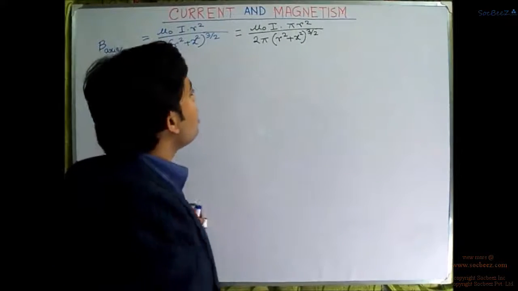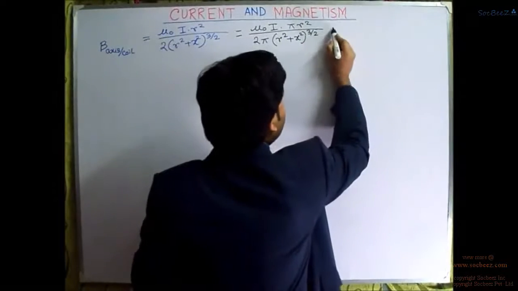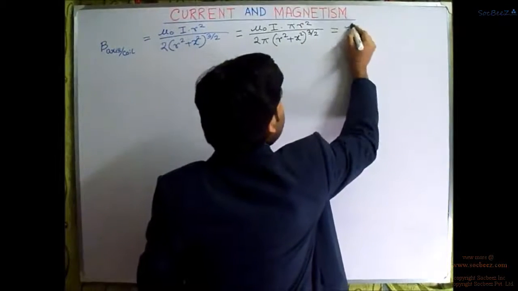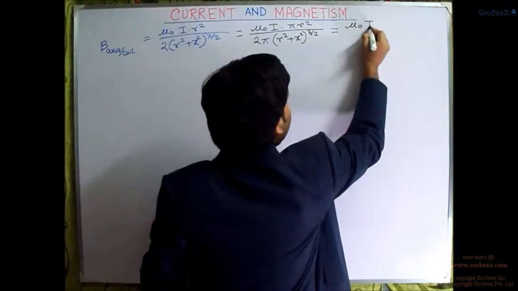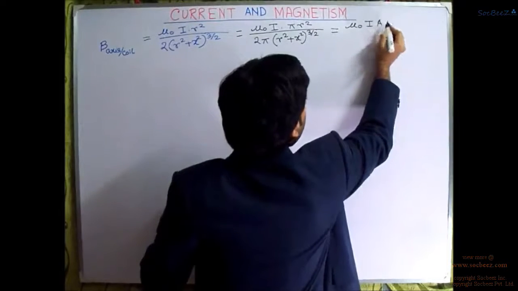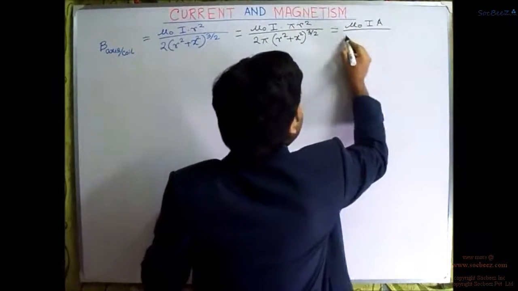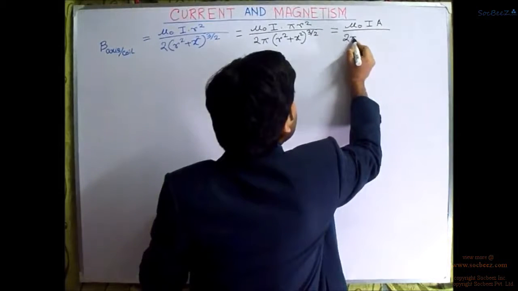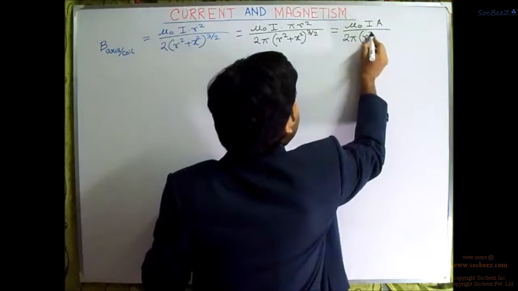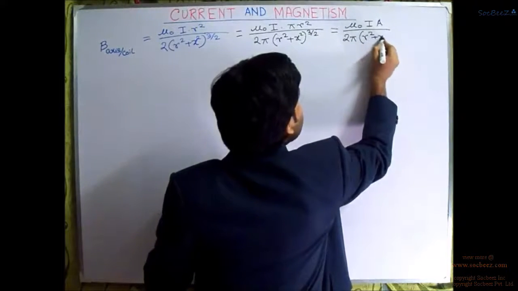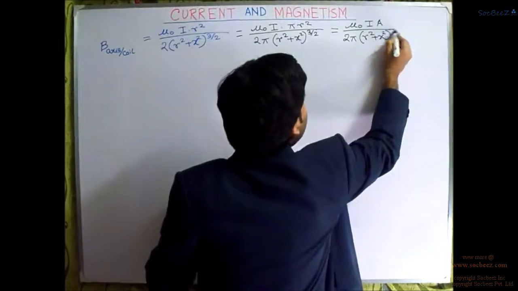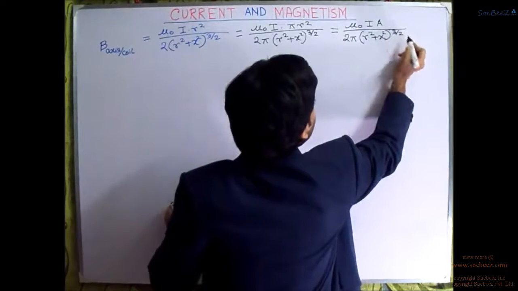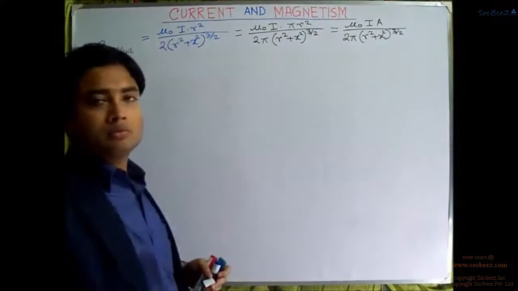So we can write this expression as mu naught I A divided by 2 pi multiplied by (r square plus x square) to the power 3 by 2.